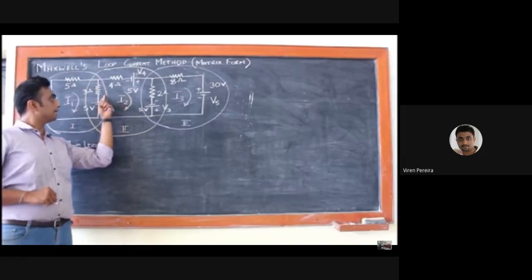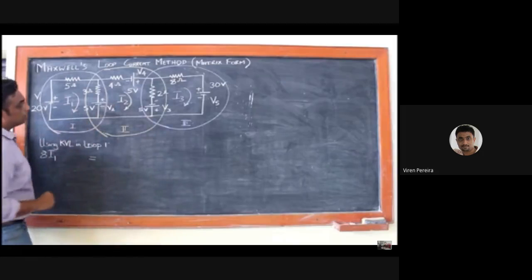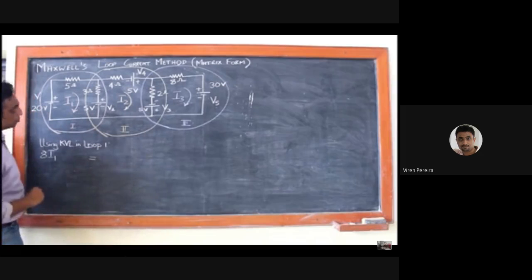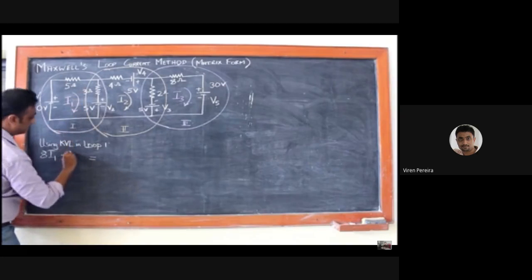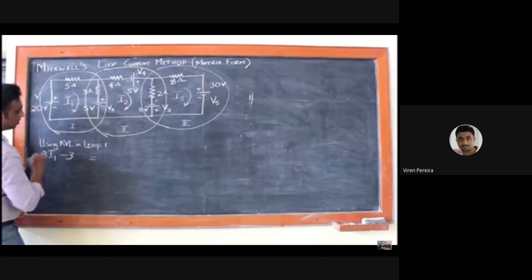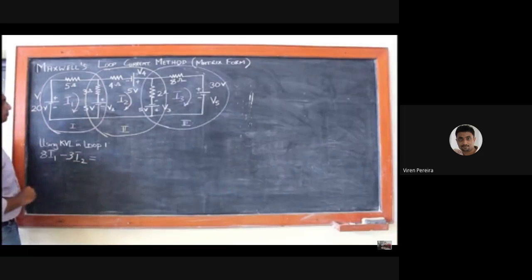So now I will take the current of the I2 loop which is flowing in the 3 ohm resistor. So it will be 8 I1 minus 3 I2. So now I got my drops.